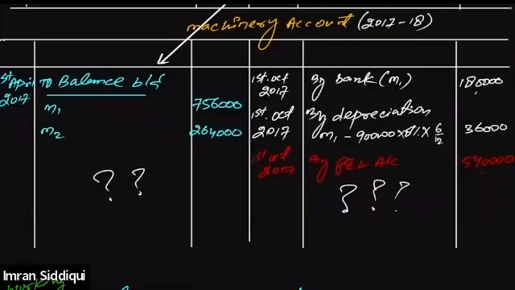Tell me, everyone. Sorry? Could you please repeat? I'm not able to hear you. Machine that we bought for rupees 2,50,000, tell me on which side of the machinery account I should record that.